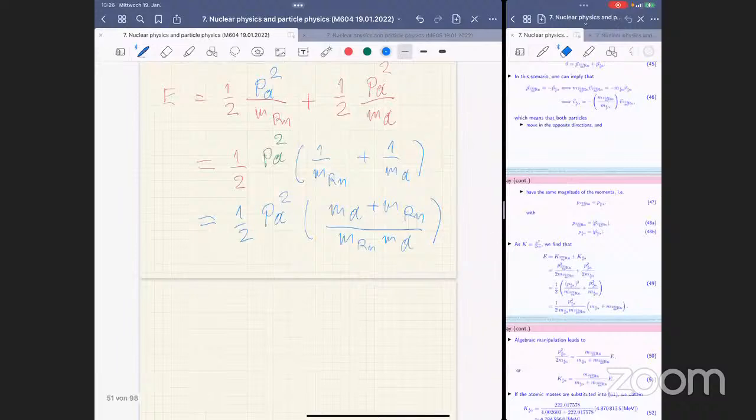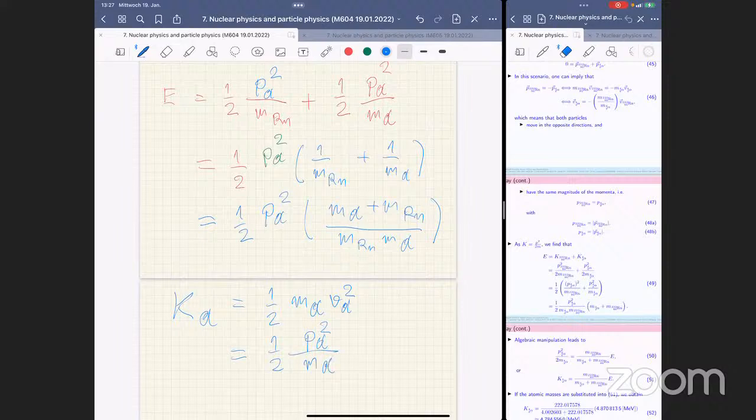Of course, we want to know the kinetic energy of the alpha particle, which is 1/2 m alpha v alpha squared. Well, the expression of the kinetic energy in terms of momentum is the following: 1/2, momentum of the alpha particle squared divided by m alpha, right?